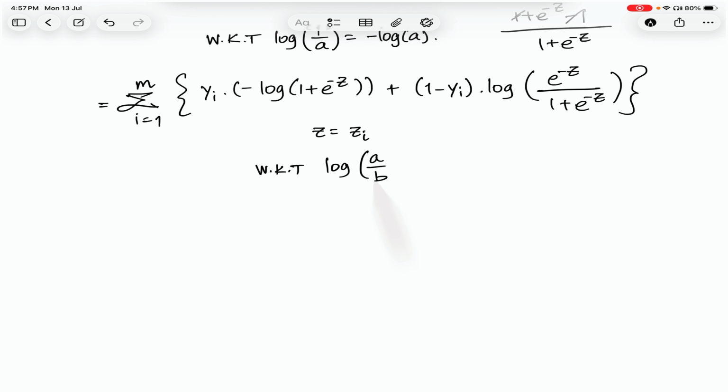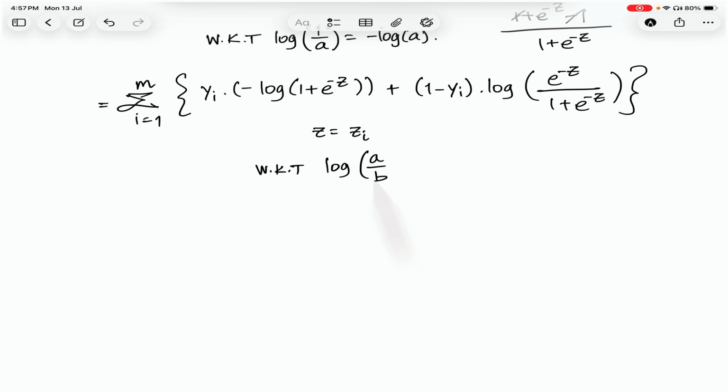So you have summation running from 1 through n, and log of exponential negative z minus log of 1 plus exponential negative z minus yi log of exponential negative z. We know that log of exponential of a is a, because log and exponential are inverses of one another.